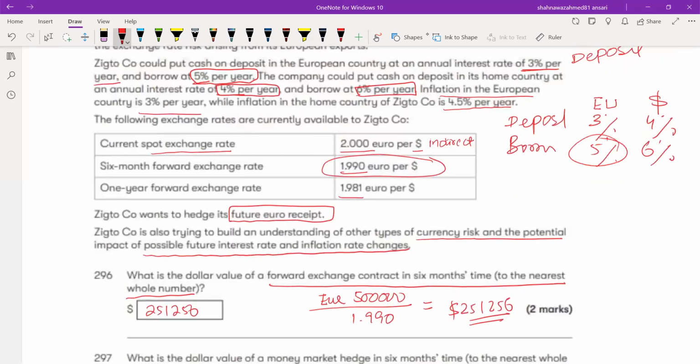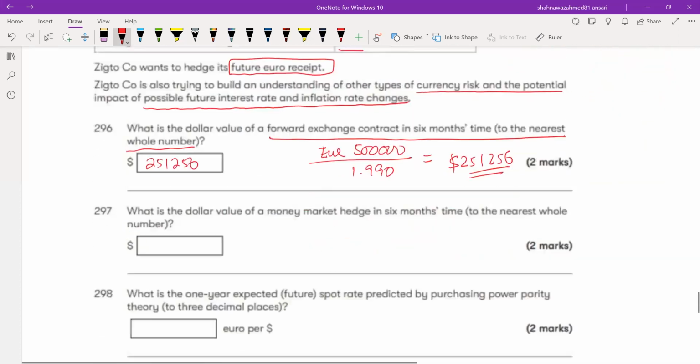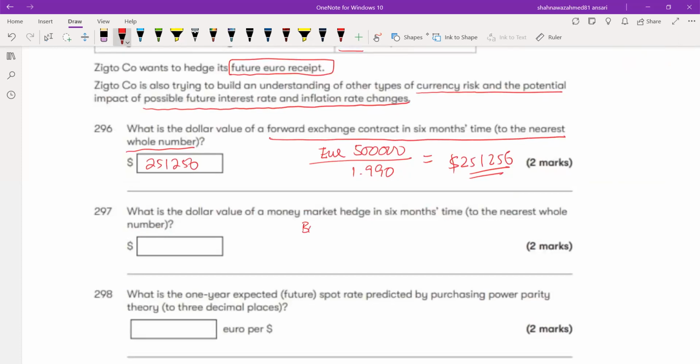Euro borrowing rate is 5%. And it is a case of 6 months. So borrowing rate is 5%. Semi-annually, it's 2.5% for 6 months. So we have to convert the euro 500,000 into present value at 0.025.